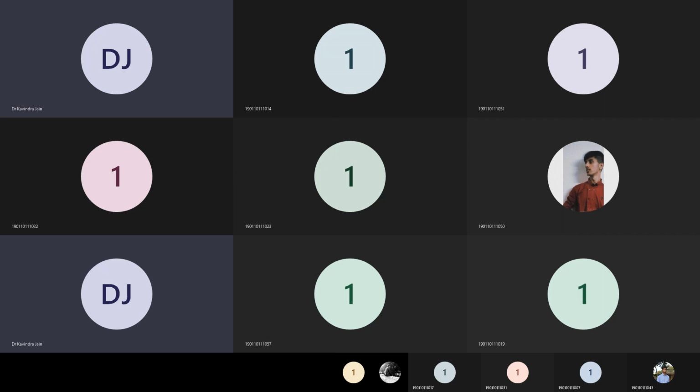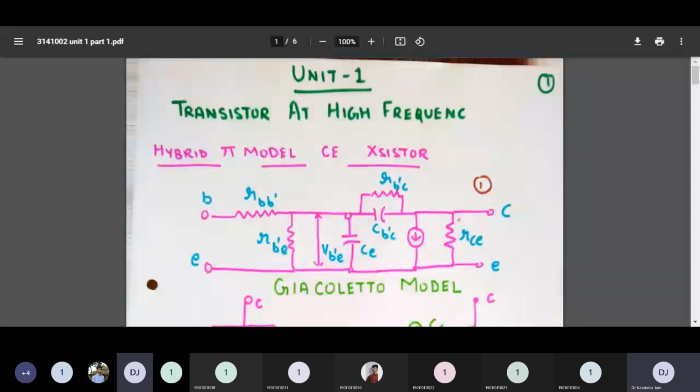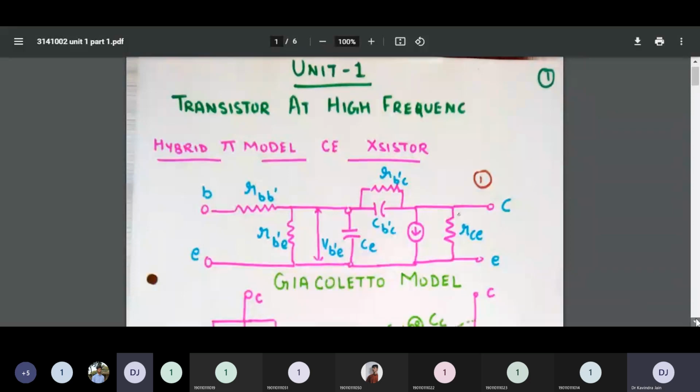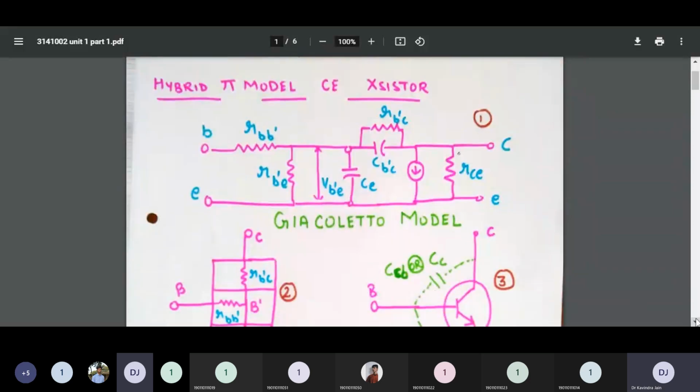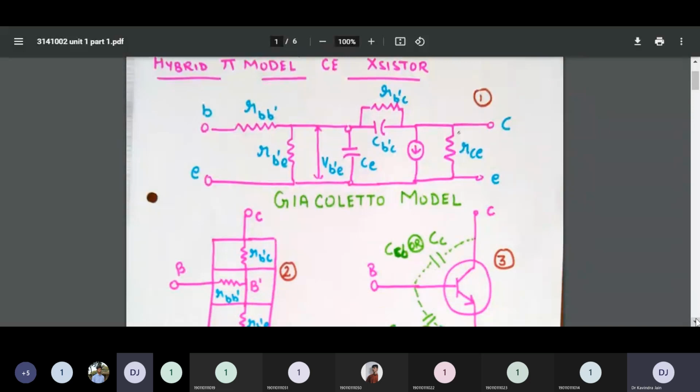First of all, what is the effect on a transistor at higher frequency? We started with the Giacoletto model, that is known as the hybrid pi model for a CE transistor, where we were having base spreading resistances.